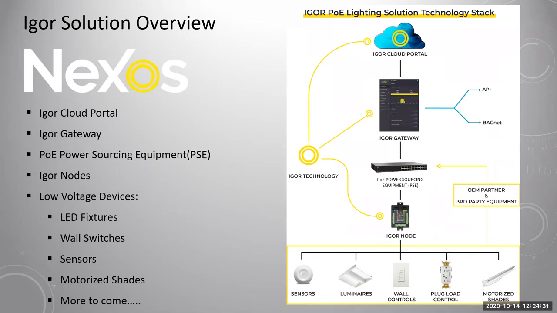Looks like we had another question come up. Does the Igor Cloud Portal or the Gateway support JSON calls? Yep, JSON. That's a term our software developers use quite a bit, and a lot of the formatting of our data is in JSON format.